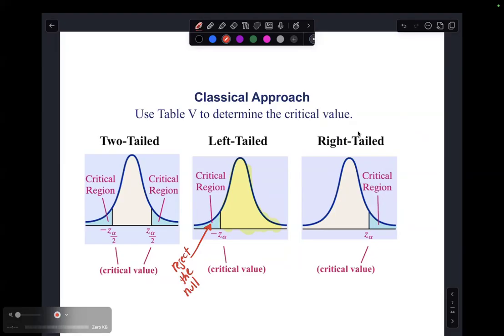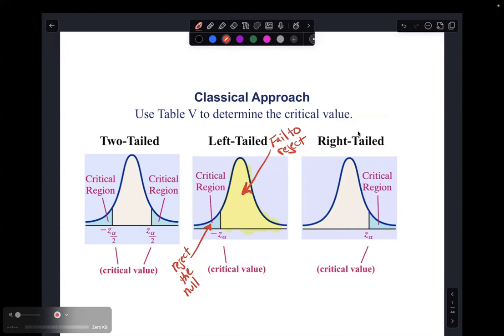If my test statistic lands in here, I will fail to reject. Now, I don't care if you use the words fail to reject or if you just say we don't reject. Either way, but I want you to say whether or not you reject the null hypothesis. I want you to say that in your conclusion.